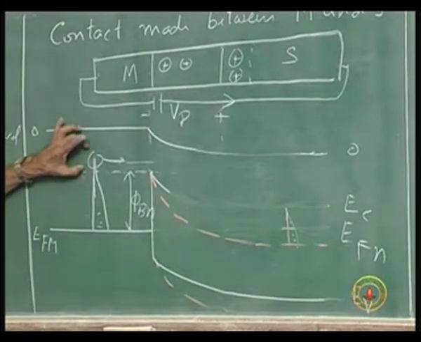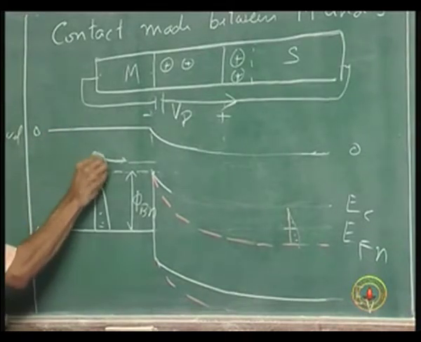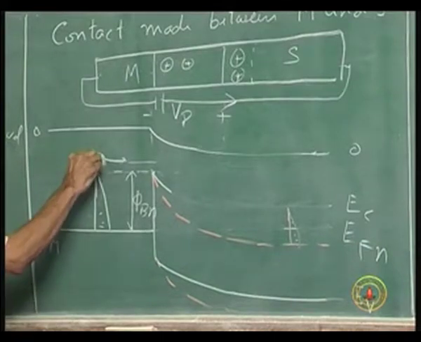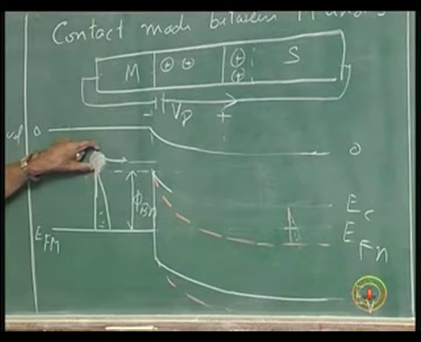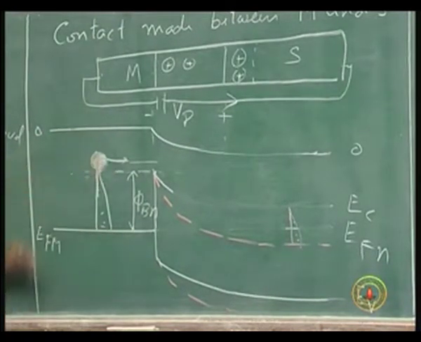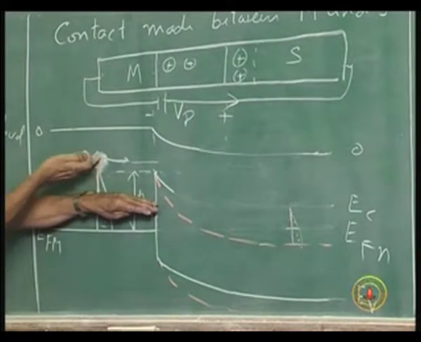How many electrons are able to cross depends upon how much of this energy is above that portion. Whatever is above that will tell you how many electrons are flowing. How much is above that depends upon how much is that minus that. If this barrier is smaller, you will have more electrons.